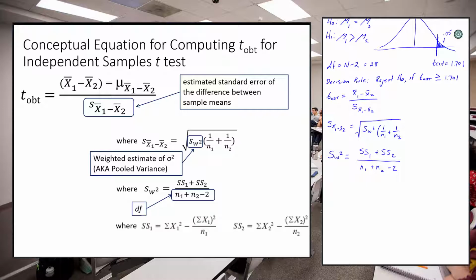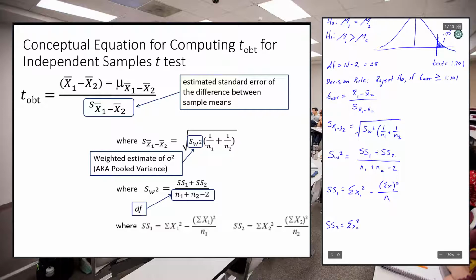Okay. Now, what was the sum of squares? Well, we've done this for just about every test we've had. Sum of squares for sample 1 is equal to the sum of x1 squared minus the sum of x squared divided by the sample size of sample 1. And the sum of squares for sample 2, same thing.